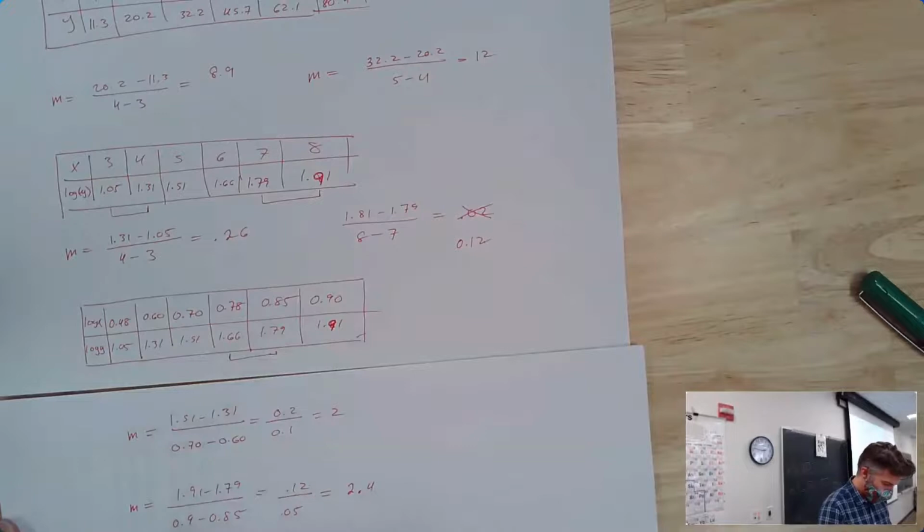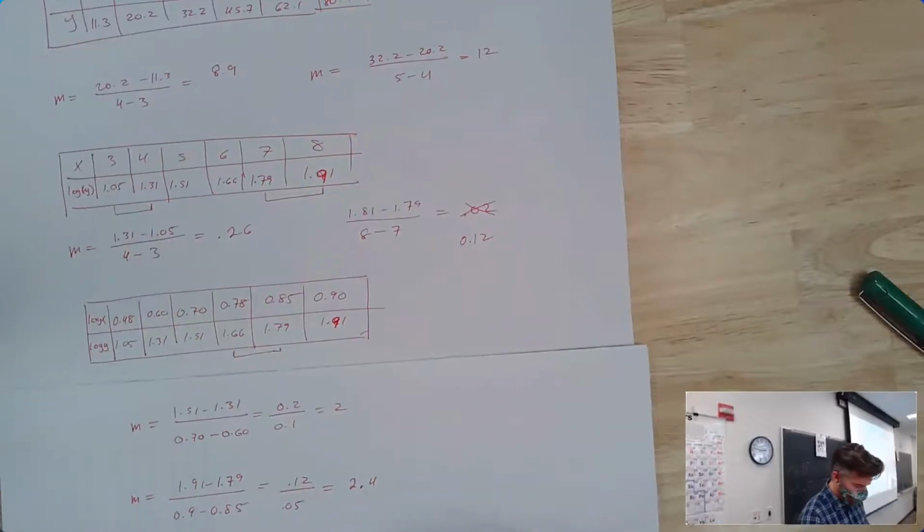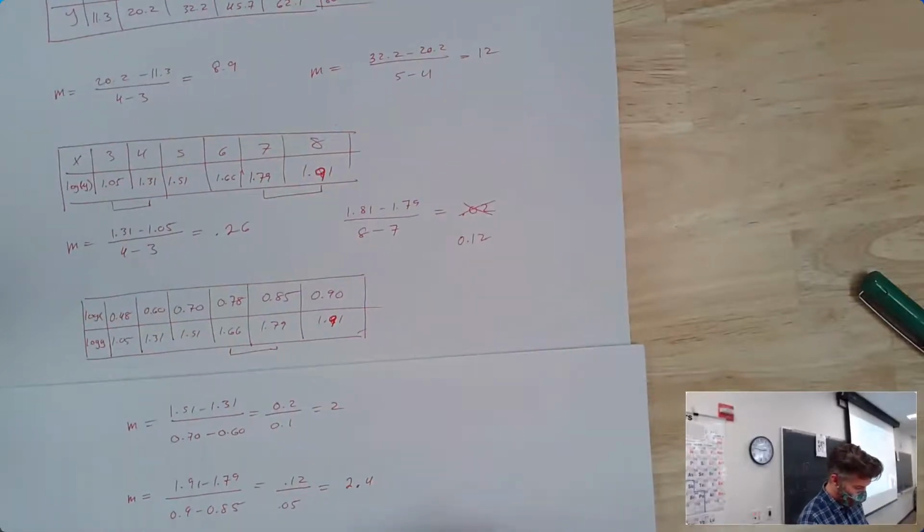So here's where we run into trouble because we've done approximations. 0.85 minus 0.78 is going to be 0.07, and 1.79 minus 1.66 is going to be 0.13. See, I don't love this question because even though this is not particularly nice, it's definitely less than 2.